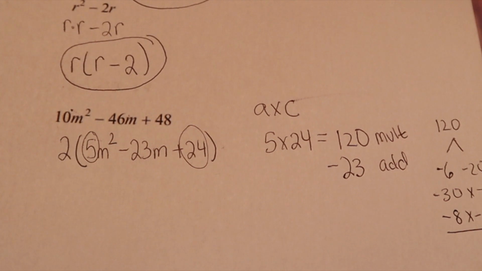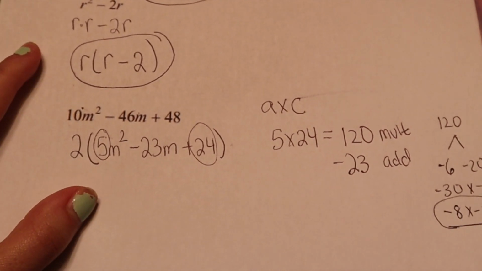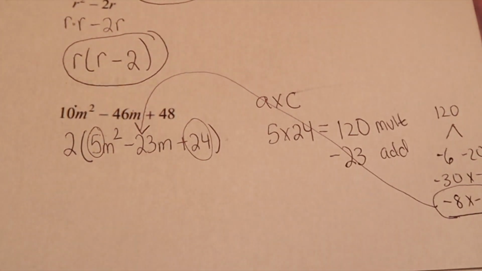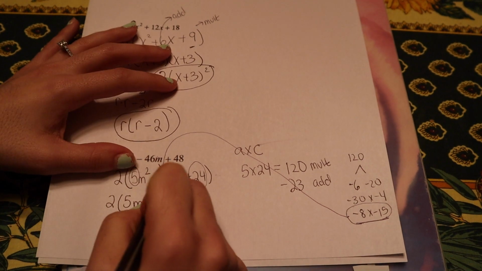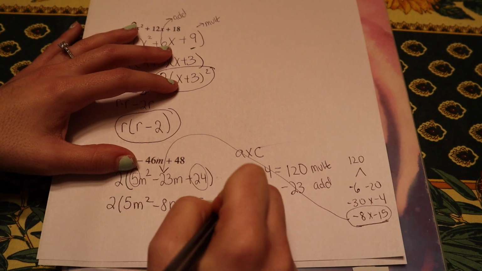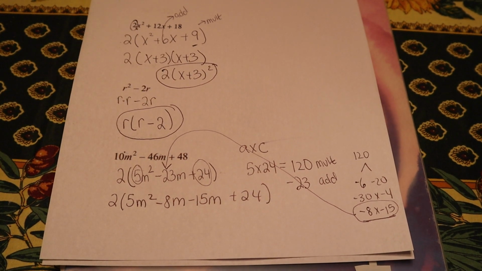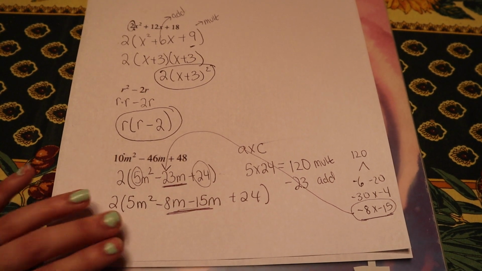That will add to negative 23. Now what you want to do is rewrite these terms in place of your negative 23m. So I'm going to write 2 parentheses 5m squared minus 8m minus 15m plus 24. So all I did at this moment was rewrite the negative 23m as these two terms.